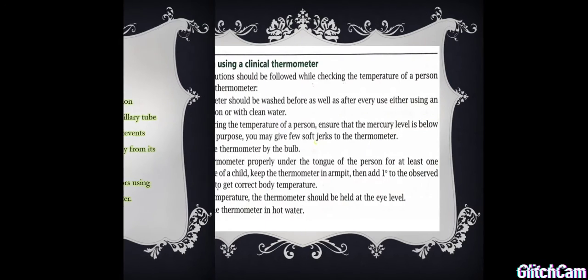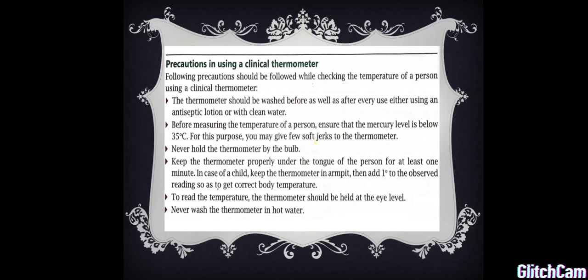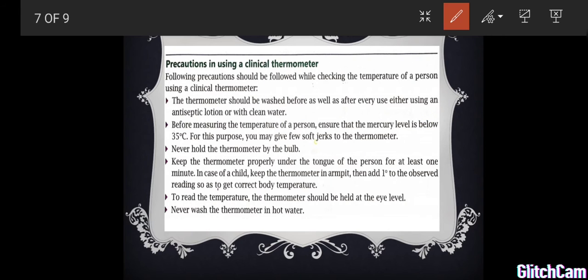Okay, so next, what are the precautions when using a clinical thermometer? The precautions are, first, if you want to measure with the thermometer, you have to give a jerk, and you have to check that the mercury level is below 35 degree Celsius.